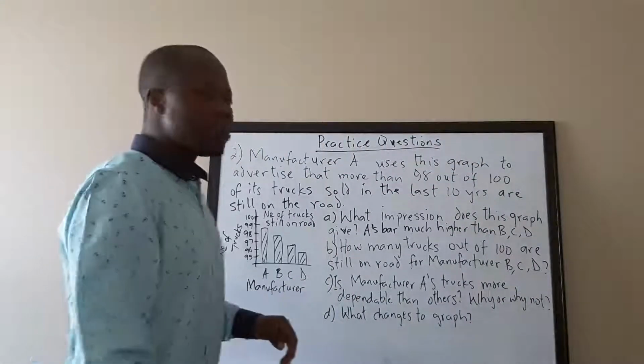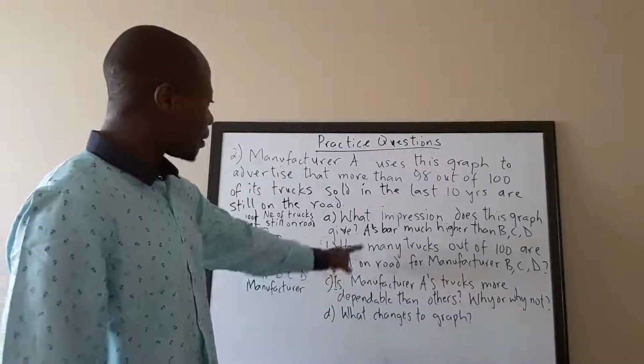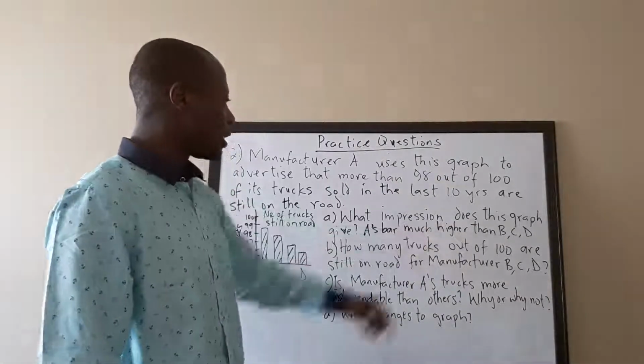So the false impression they're giving is that manufacturer A's bar is much higher than B, C, and D.